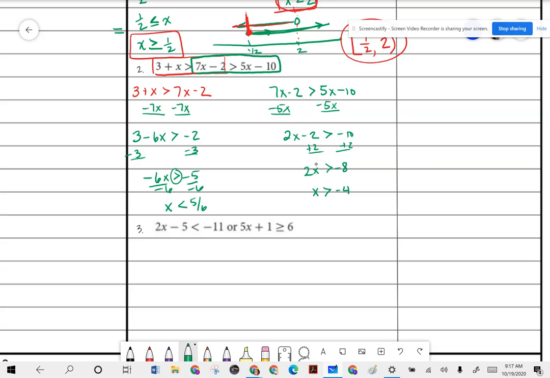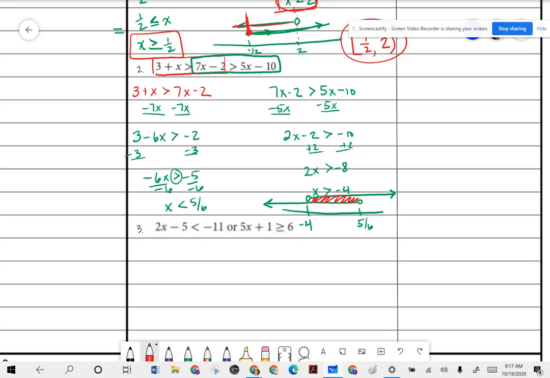So if we had a number line, the smallest number is here, negative 4. 5/6 is right here. x is smaller than 5/6. x is bigger than negative 4. And notice that there's an overlap. The overlap is right here.